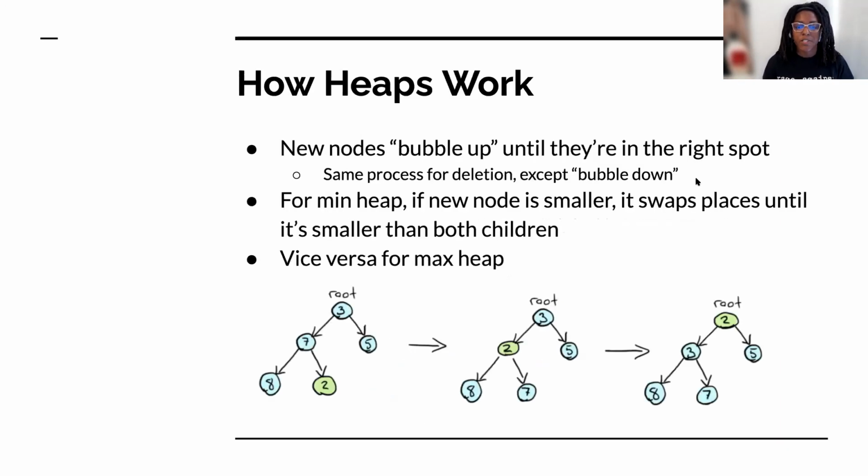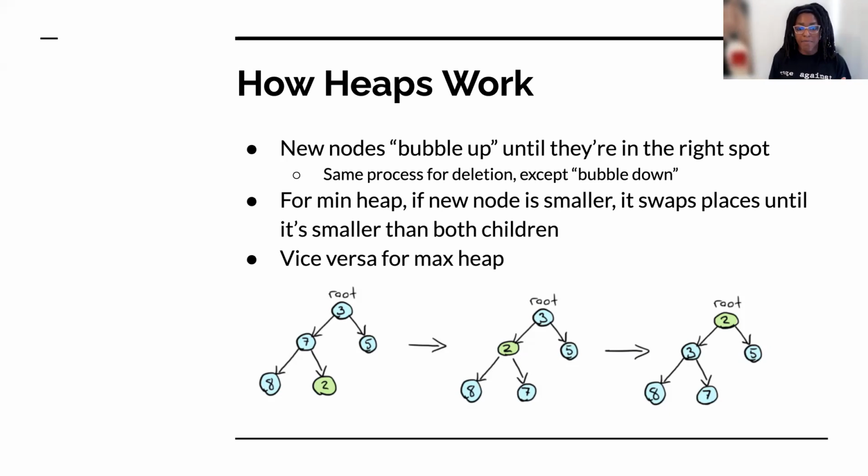Okay, so heaps, the way that they work, like I said, they're trees. But how you keep the organization of a heap in place is that when you add a new node, it bubbles up until it's in the right spot. The same thing happens for deletion, except they bubble down.